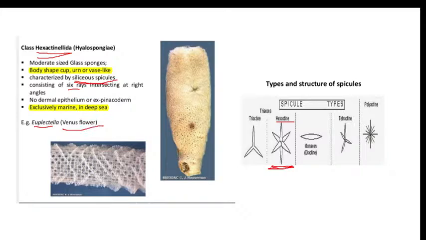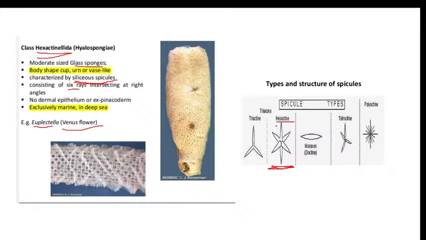You will get a question like this: write a note on Euplectella, or you may be asked what is a Venus flower basket. Venus flower basket is Euplectella, which is a glass sponge. So the Hexactinellida include glass sponges. The spicule is made up of silica, and the spicule has 6 rays.